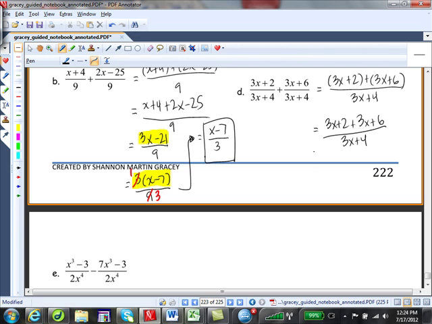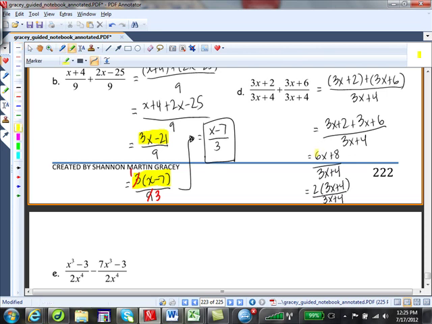And then I end up with 6x plus 8 over 3x plus 4. I can factor out a 2 from the numerator, and I'm left with 3x plus 4, that's over 3x plus 4.